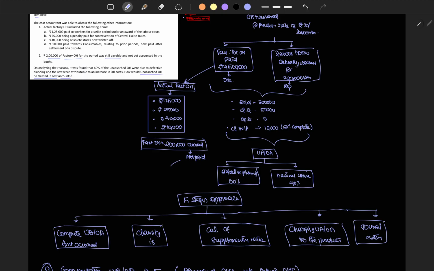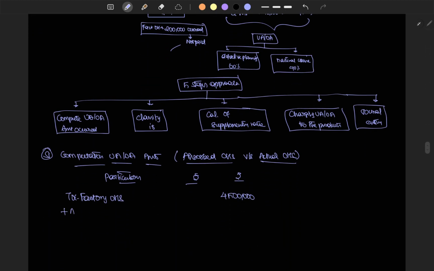Yes, the additional factory overhead which is not paid, which is another 2 lakhs. This is the total factory overheads incurred.